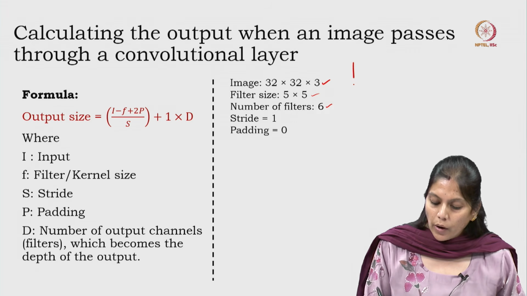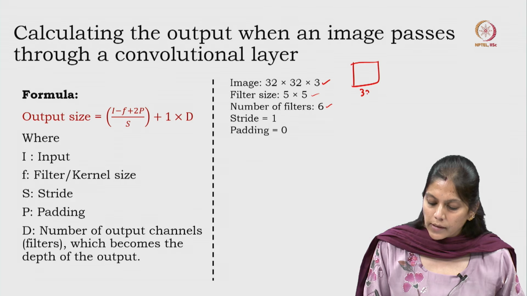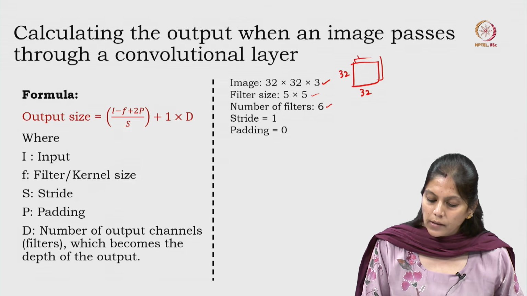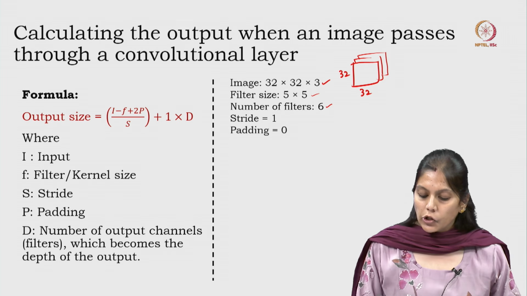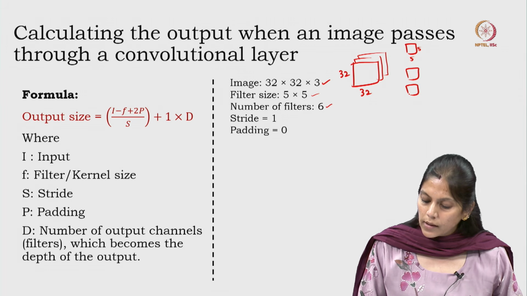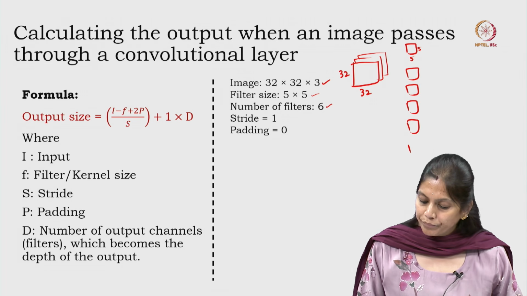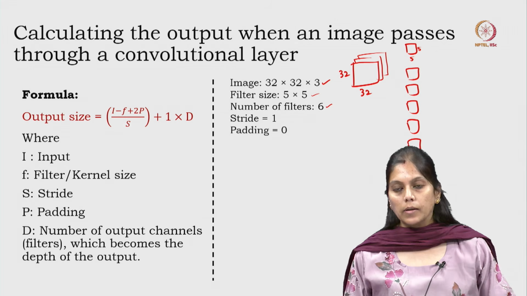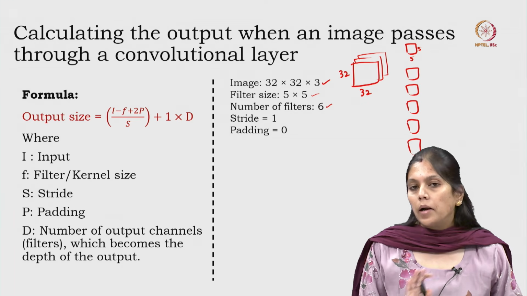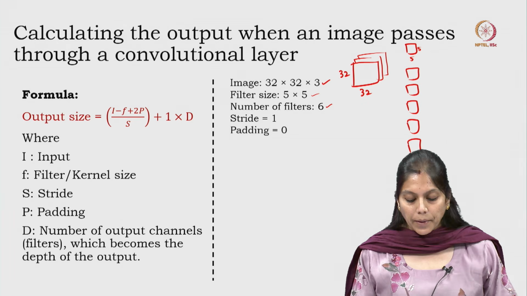So you have an input image of size 32, 32, and there are 3 such channels because it is RGB, and there are 6 filters of size 5 cross 5. Now, the stride that you are considering is 1 and there is no padding applied.